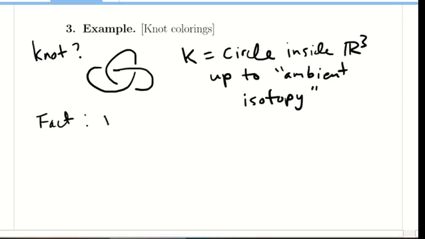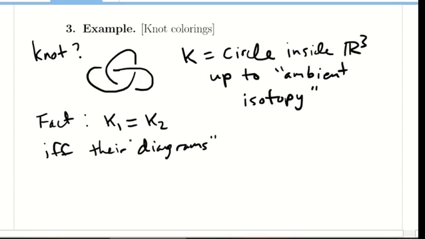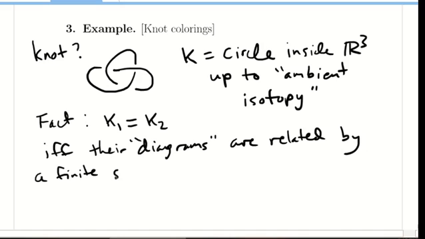Two knots are the same up to this equivalence if and only if their two-dimensional representations, called diagrams, are related by a finite sequence of the following moves.